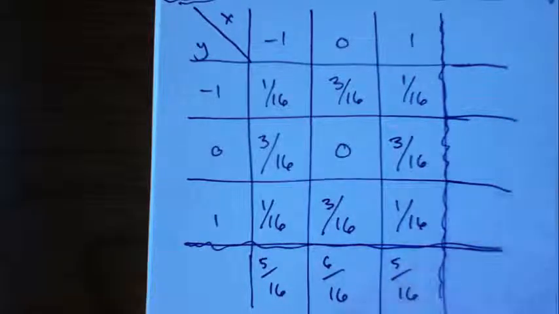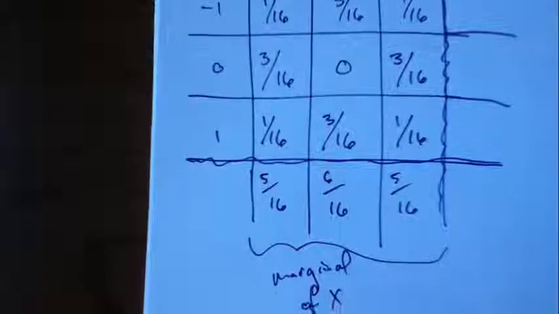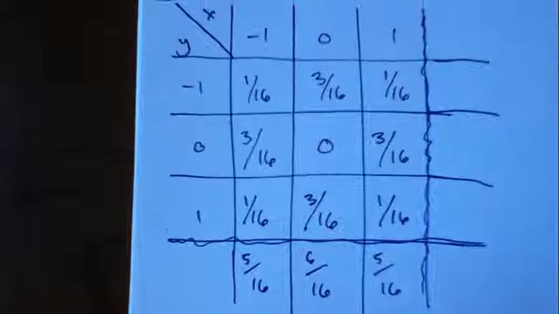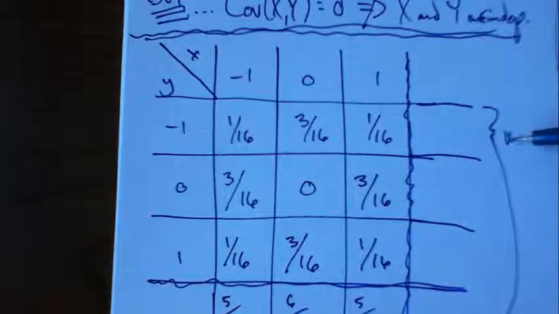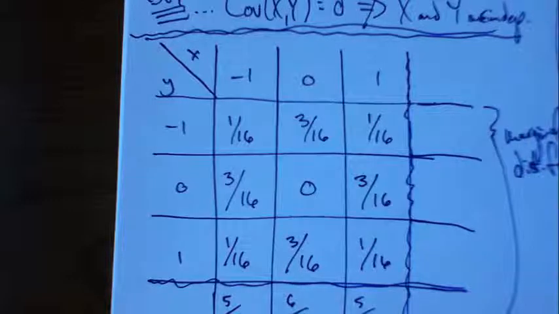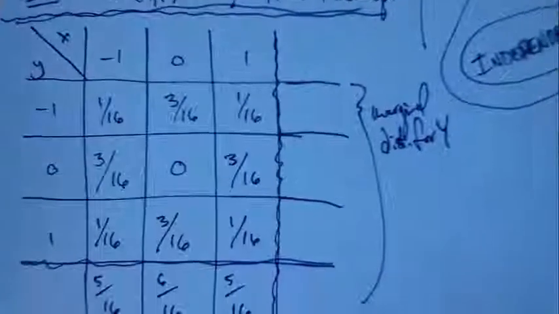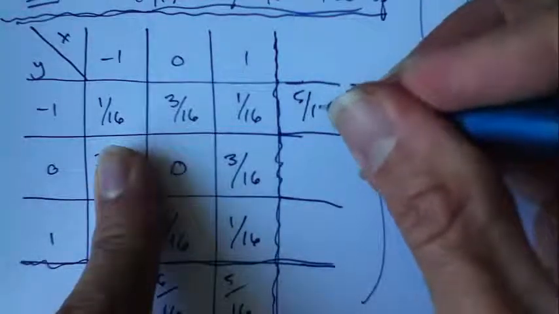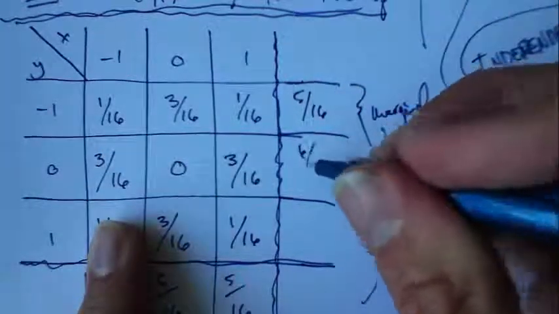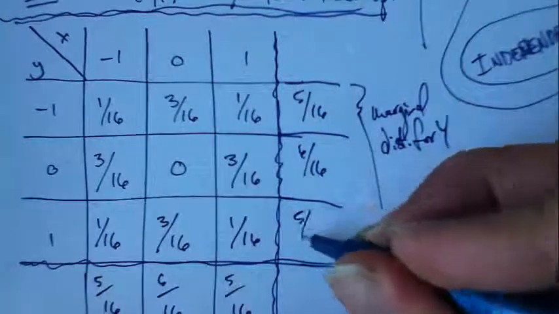This is the marginal distribution of X. Similarly, over here, you get the marginal distribution of Y. The chance that Y is -1 is also 5/16. These are just the row sums, right? And this will be 6/16 and 5/16.